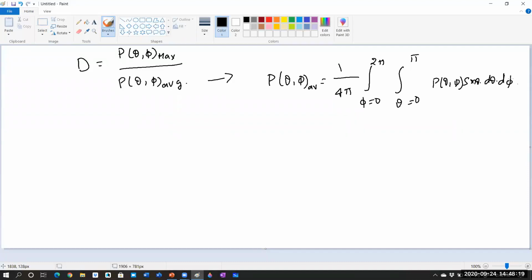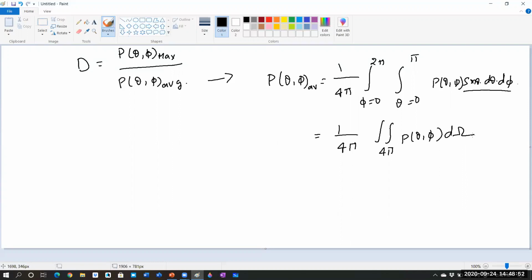This is the formula. So from this one we have to conclude that 1 by 4 pi double integral over a surface 4 pi P of theta comma phi d omega. This d omega is nothing but sin theta d theta d phi. Sin theta d theta d phi is nothing but d omega, right?